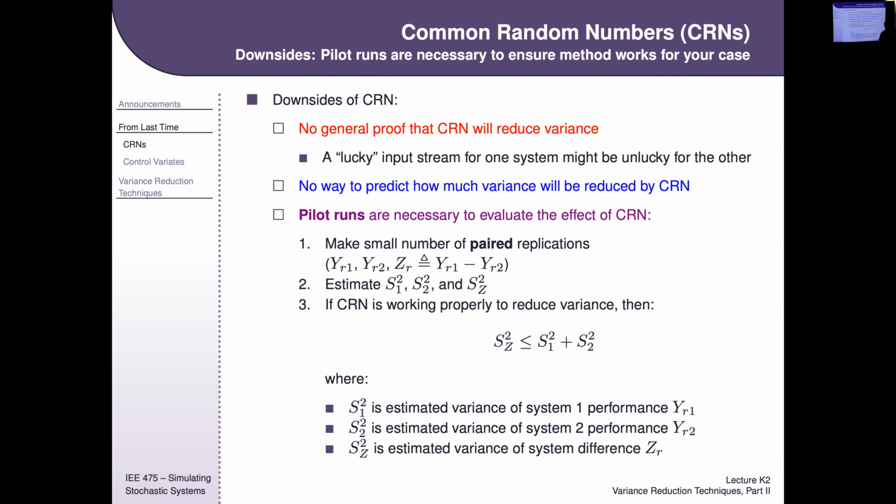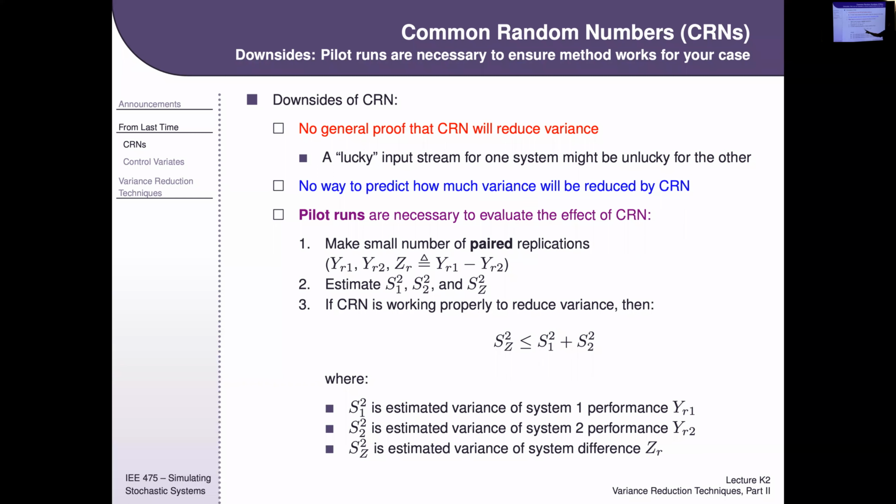And so typically before you use common random numbers, you can run a little pilot where I'm going to run 10 replications of each and then compare the variance. If I take the variance out of model 1, the variance out of model 2, and then I look at the variance in the differences, if the variance in the differences is less than the sum of the variances of the two models, then common random numbers probably is a good idea to go forward.